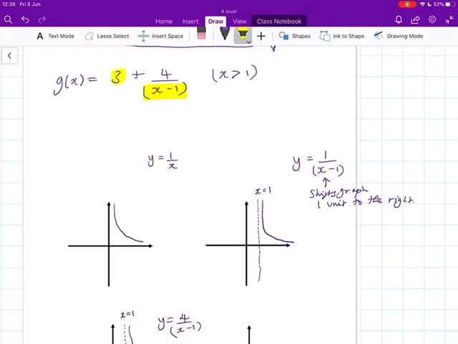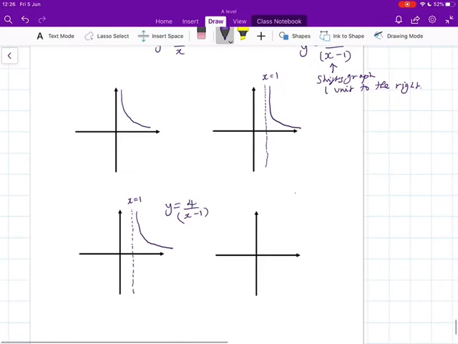Then the last thing we need to do is now add the 3 on. So we're now drawing y equals, taking our graph we've just drawn, and we're going to add 3. So that shifts our graph up 3 units. That means our x-axis is no longer an asymptote.